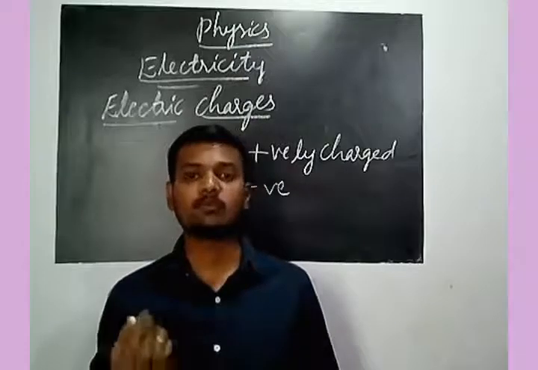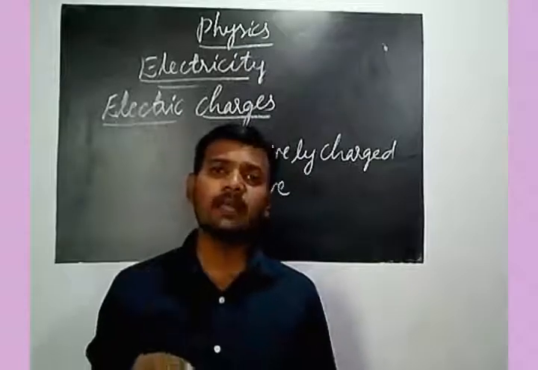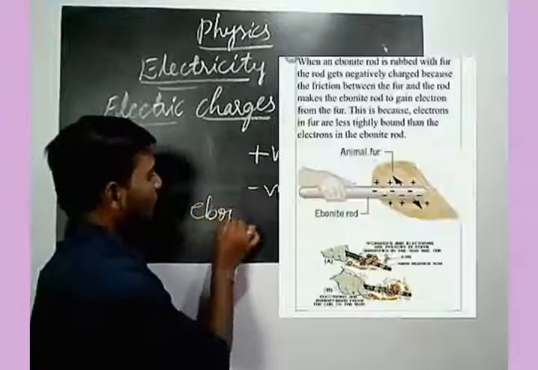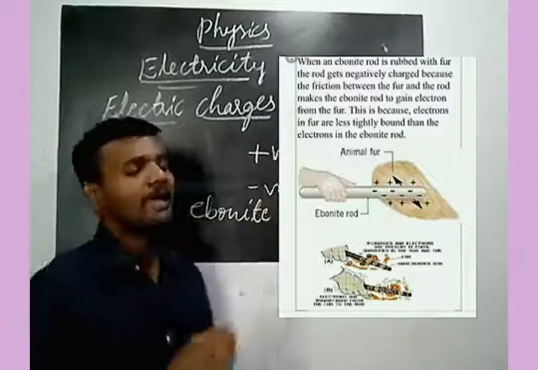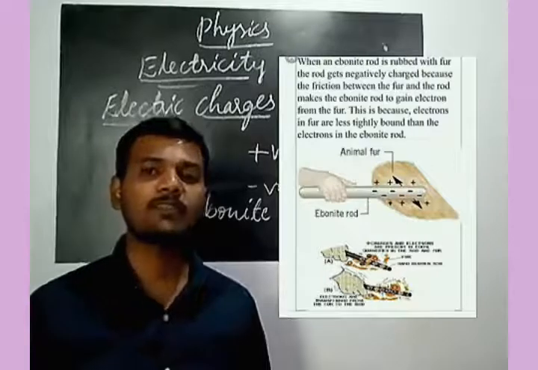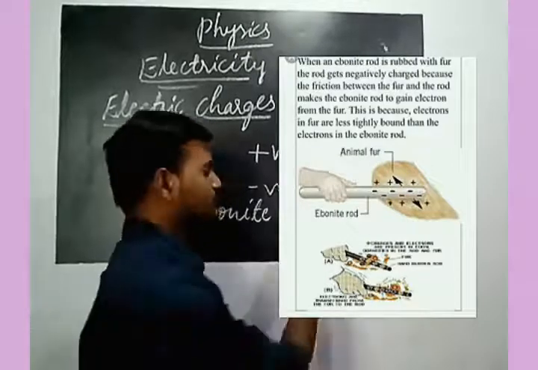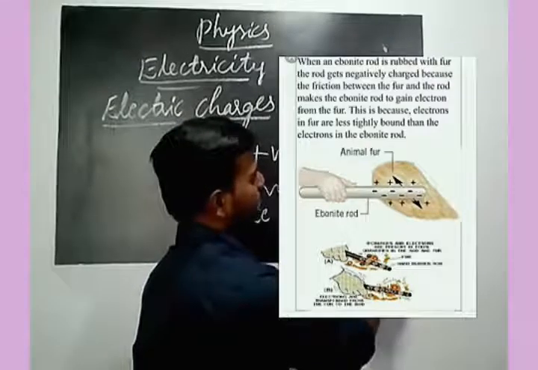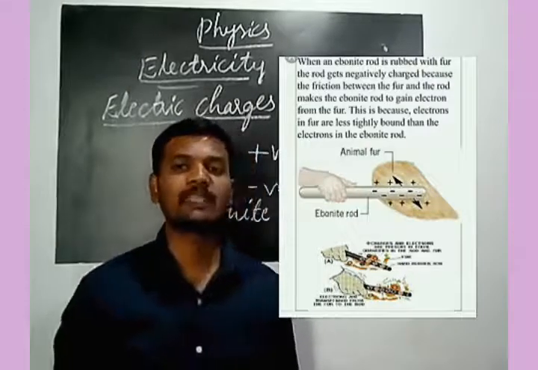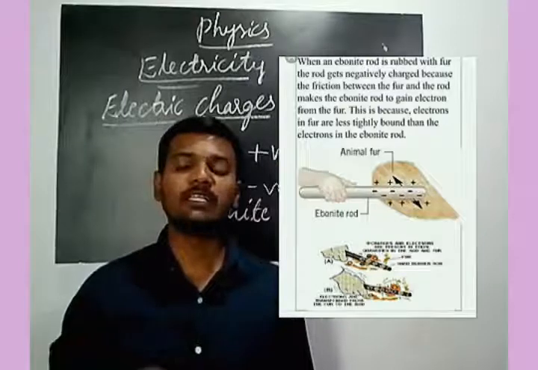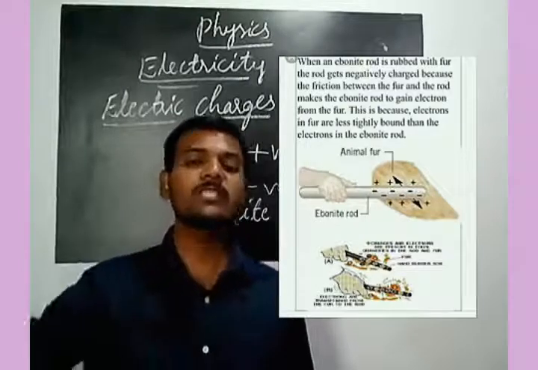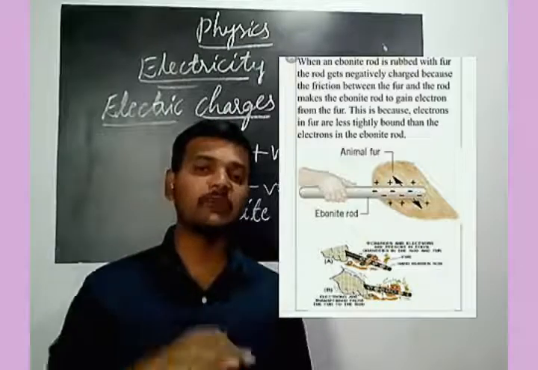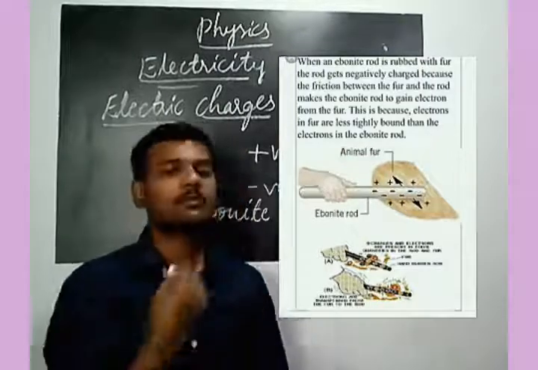Let me take one more example. An ebonite rod is rubbed with animal fur. The animal fur donates or loses electrons, which are gained by the ebonite rod.